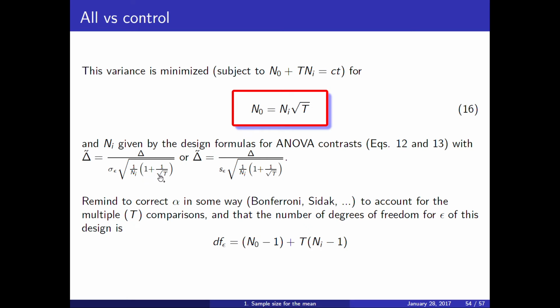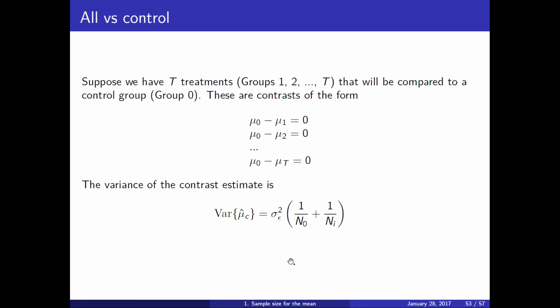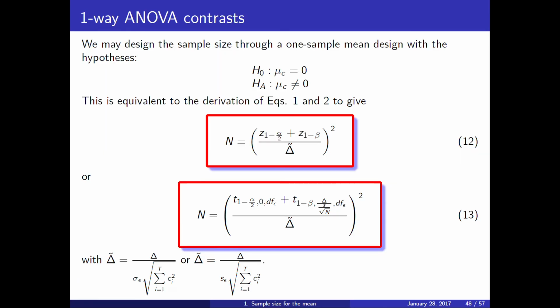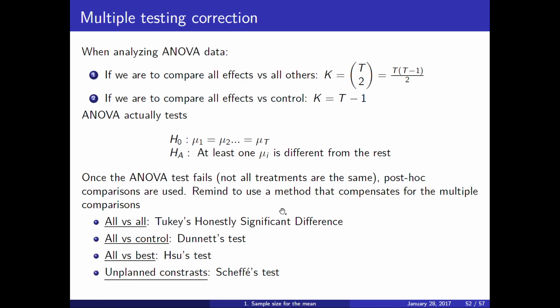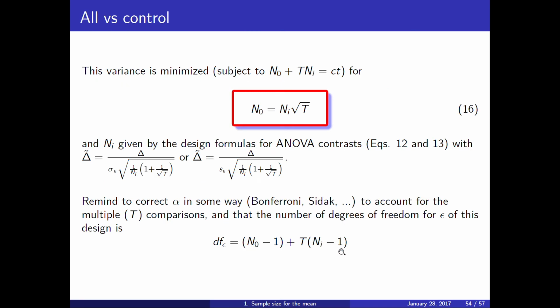The normalization now is this one, so somehow we have the square root of t there. And you have to remember to use some kind of corrected alpha for accounting for the multiple comparisons, and also the number of degrees of freedom that we have here. So the number of degrees of freedom of the residuals is this one, in which we account for the fact that we have different number of samples in each one of the groups.